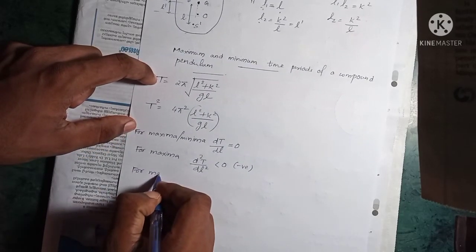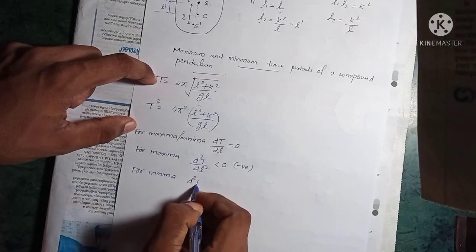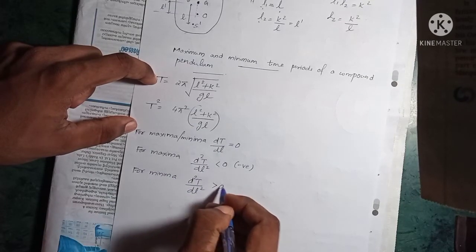For minima, d square T upon dL square is greater than 0 or positive.